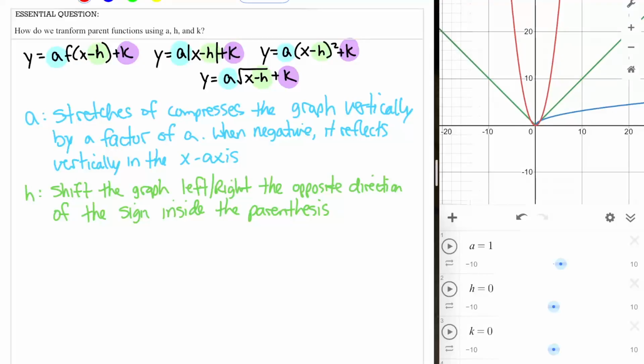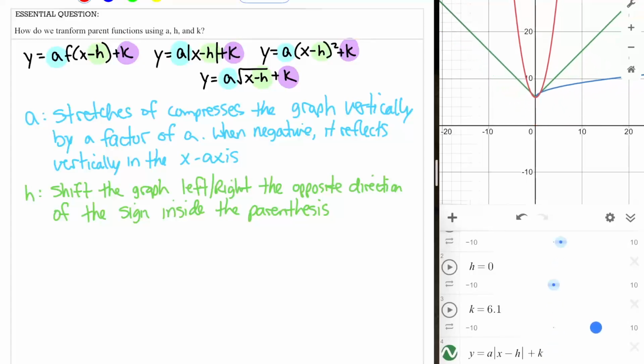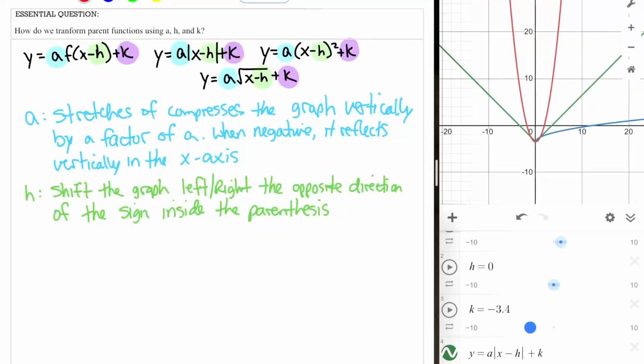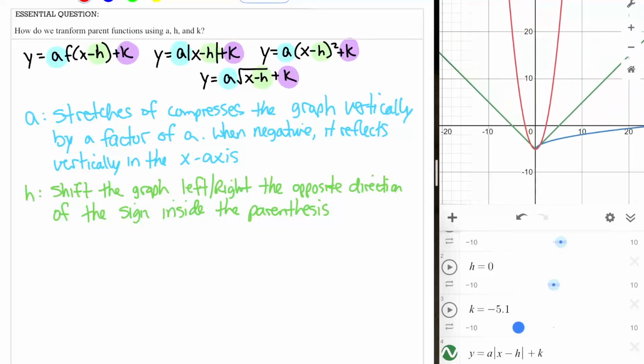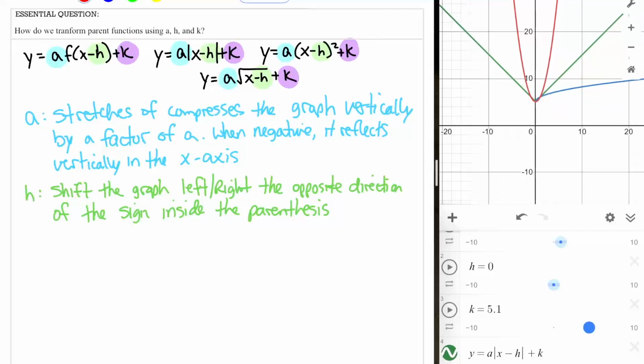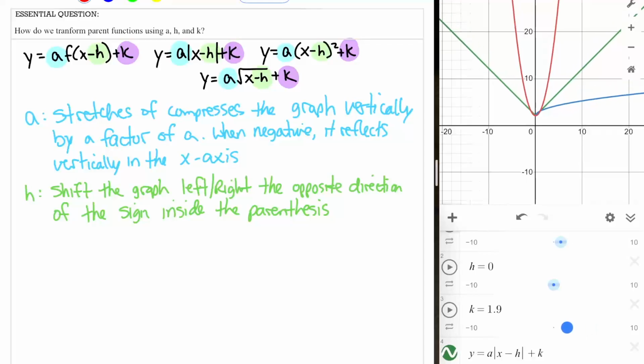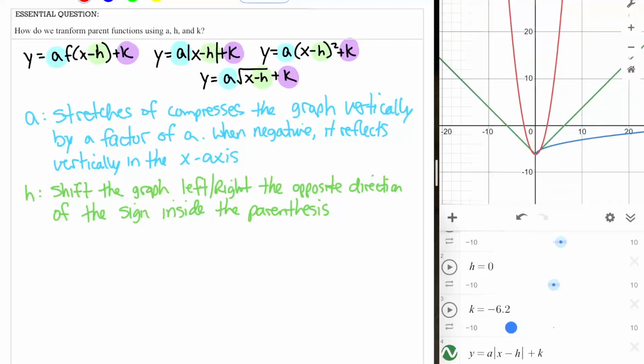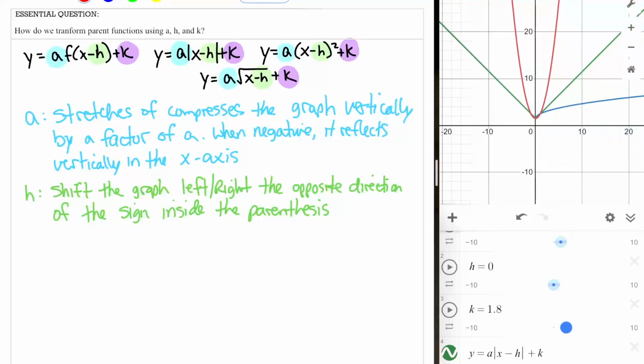Now k is after the parentheses. So after you take the square root, or after you take the absolute value, or after you square it, or after you take cube root or cube it, or whatever function you're looking at, k is after that. If we look at our graphs over here on the right, it's going to shift up and down. If you have a positive k value of plus 5, if you're adding 5 at the end, it's going to shift everything up 5. If you have a negative 6, it's going to shift everything down 6.